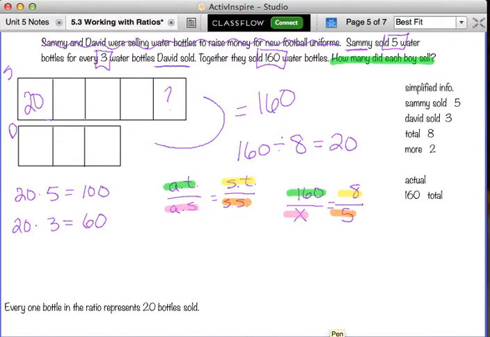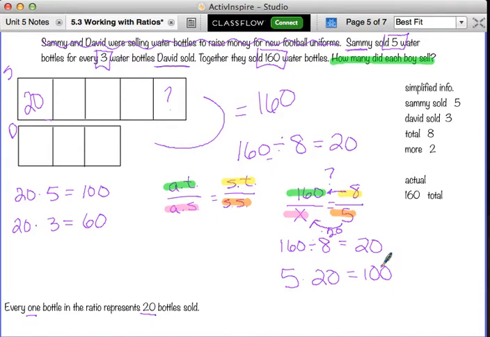All right. So now, how did I go from 8 to 160? I'm going to take 160 and divide it by 8, which is exactly what we did here. And it's going to give me 20. So again, that tells me that every one bottle represents 20 bottles sold. So now I know that to go from 5 to X, I have to multiply by 20. And 5 times 20 is 100.